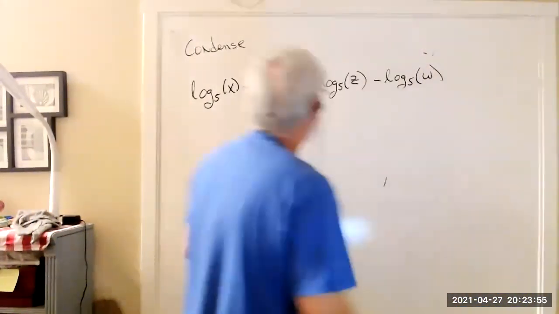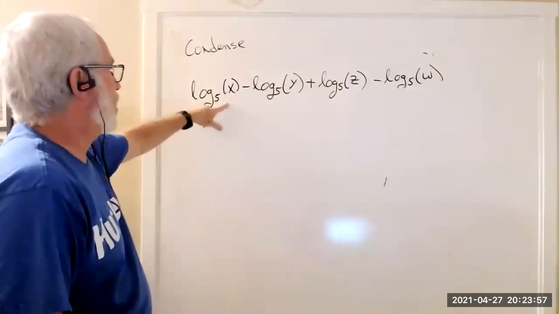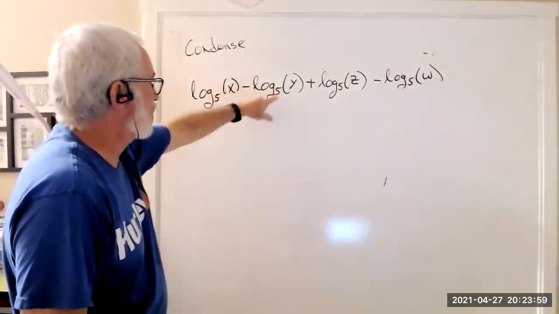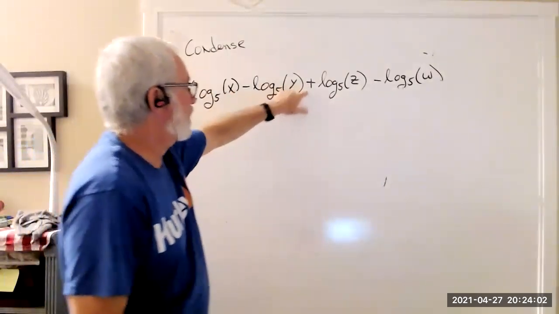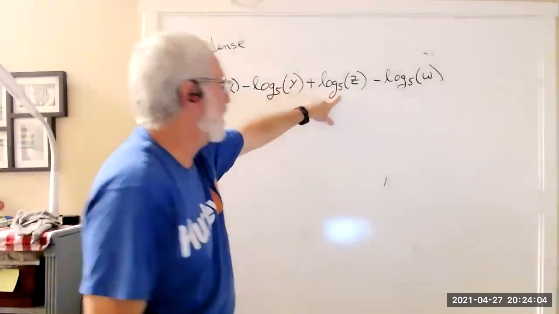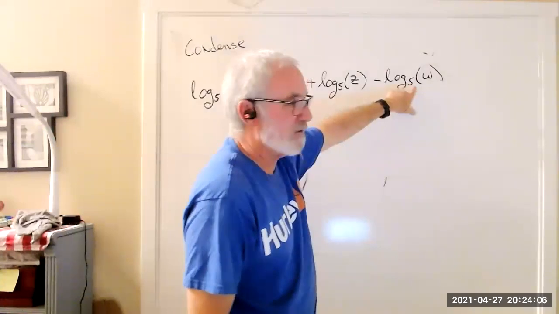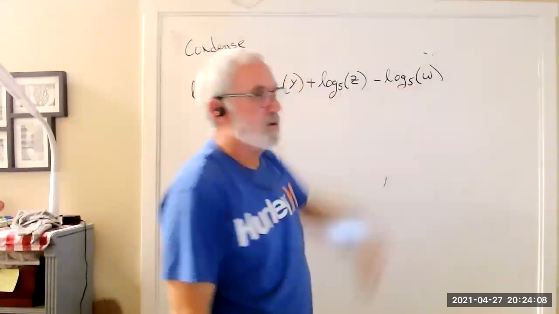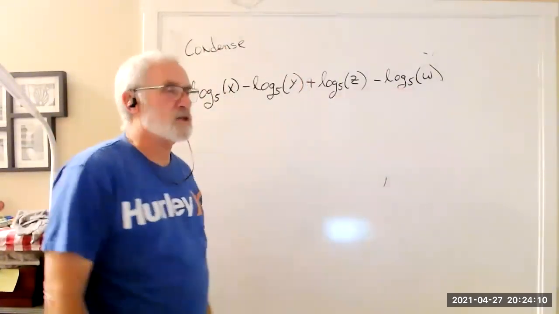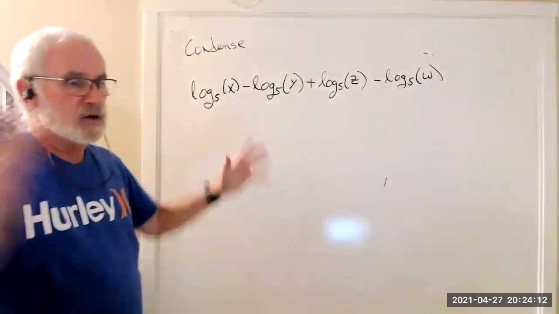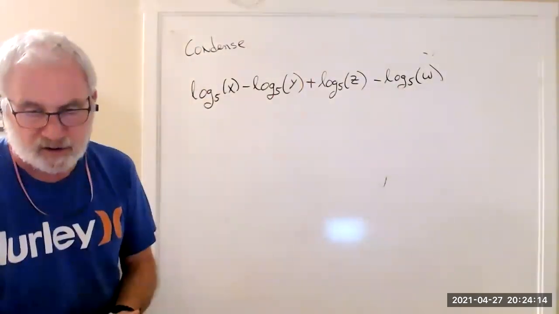Okay. Log base 5 of x minus log base 5 of y plus log base 5 of z minus log base 5 of w. Take a second, and that's all you actually need to shove this together and condense it.